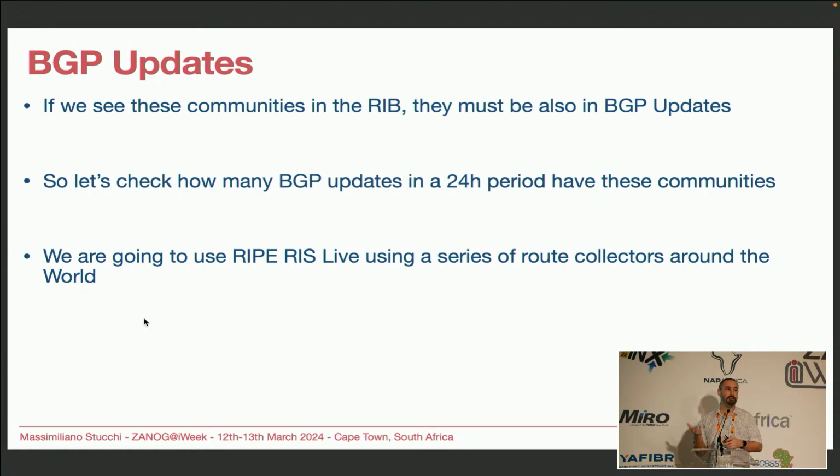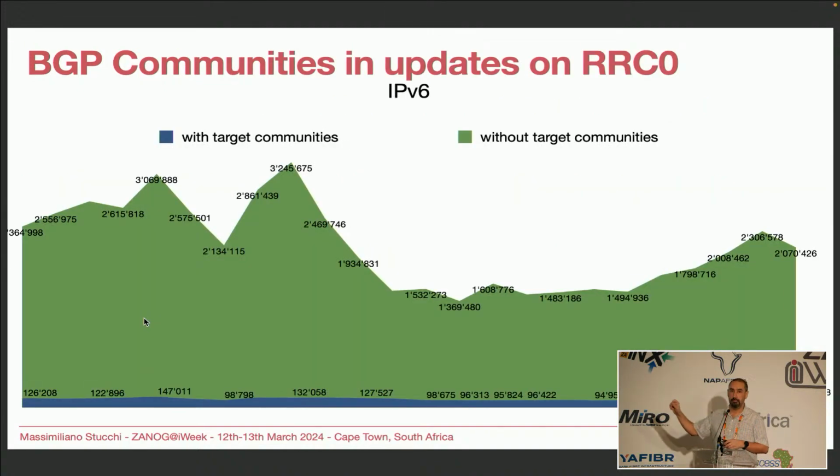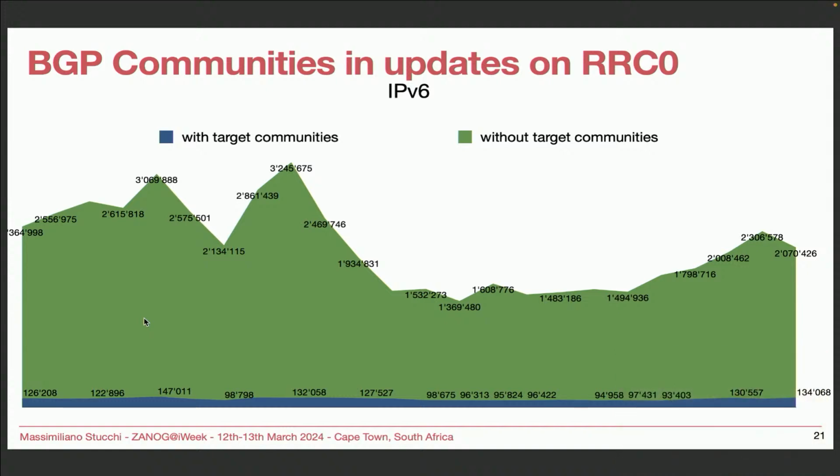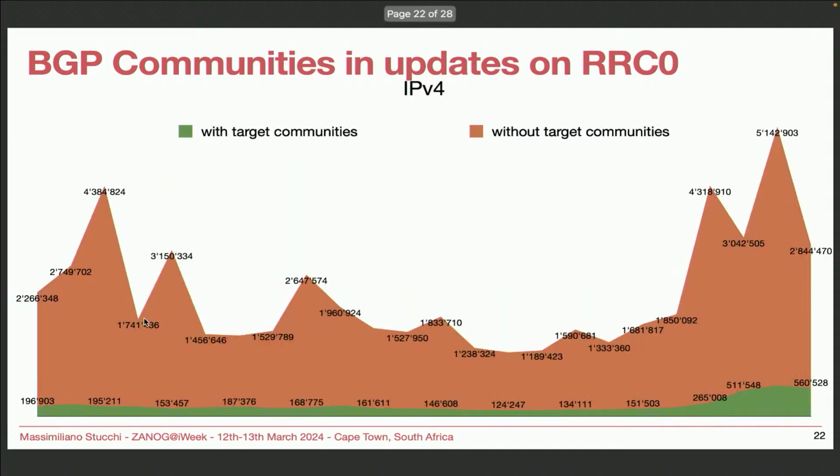So how many do we see, and how much is the percentage compared to the total BGP updates we see on the internet on a daily basis? You can see that there is always a low margin. It's about 10 to 16, 17% of BGP updates that come from 2 operators in the world that carry these specific communities. This is for IPv6, and we can see a similar trend for IPv4.